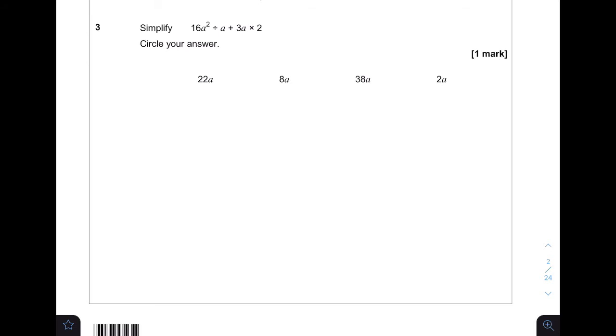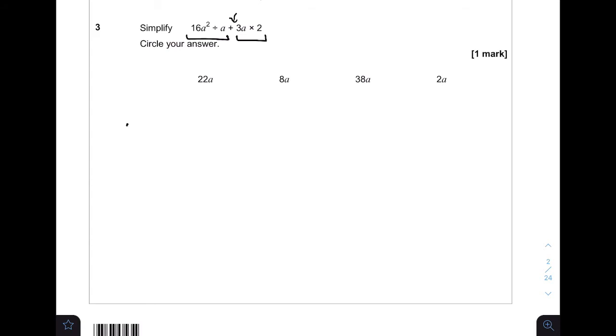So if we apply that same logic here, we can see that we have a squared involved, and then next we have division and we have a multiplication. So we've got a division here, multiplication here. We've also got the addition in between. So what we'll do is we'll do it in the order of BODMAS, which is division, multiplication, addition, then subtraction.